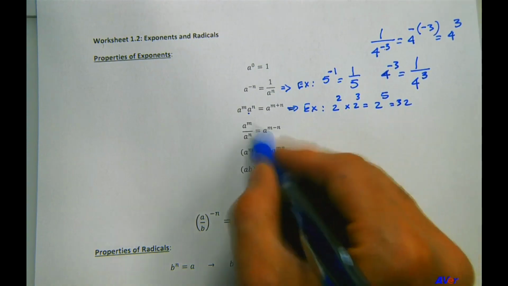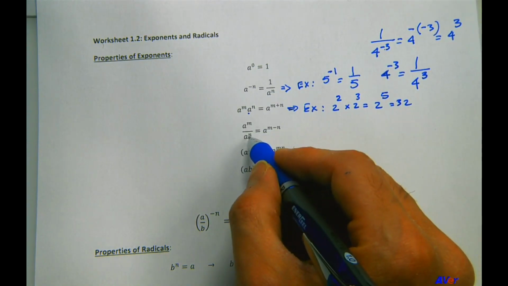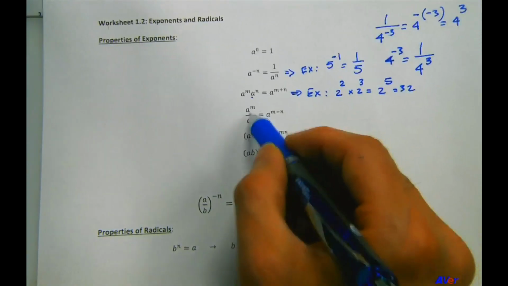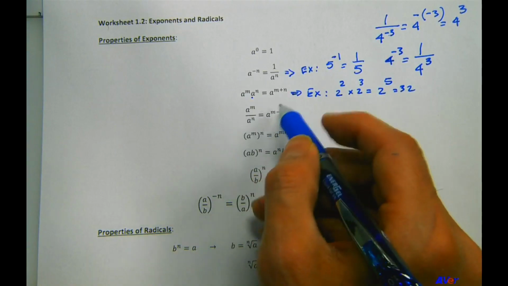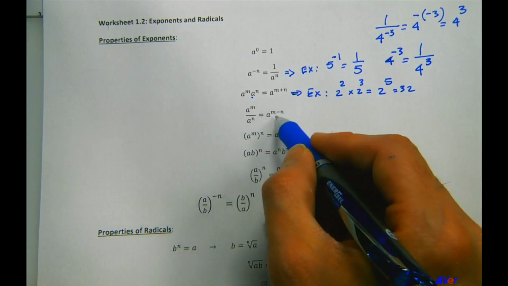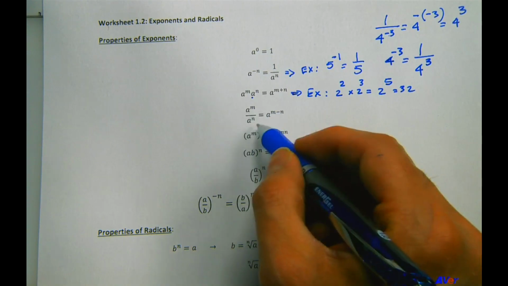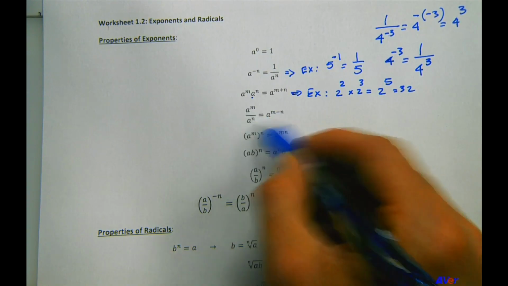Okay? If you have a fraction such that the terms in the numerator and the denominator have the same base but different powers, then you can subtract the powers. This is helpful because you want to combine the two terms into one since they have the same base.